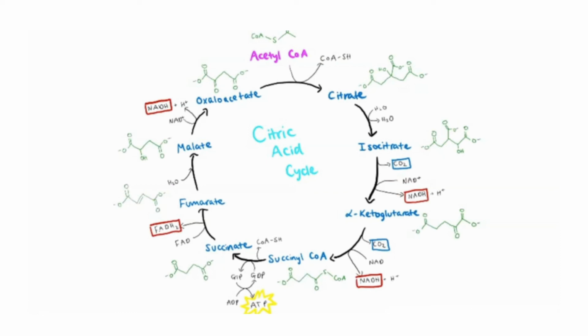So from 1 glucose molecule, the Krebs cycle is going to produce 6 NADH molecules. The citric acid cycle is also producing 1 FADH2 molecule. Keep in mind, NADH and FADH2 are the electron transporters we talked about. But since this cycle is happening twice, there are going to be 2 FADH2 molecules produced.